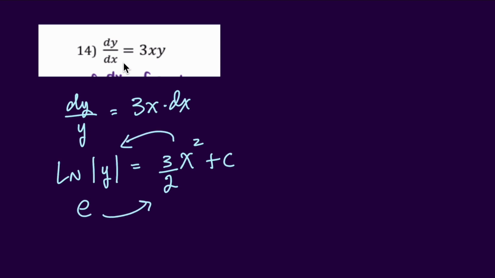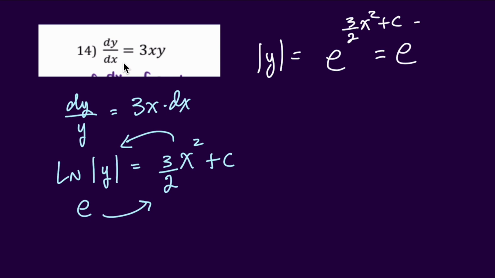And that means up here in the upper right, we're going to have the absolute value of y equal to e to the 3/2 x squared plus c. This means that there was formerly a multiplication going on, which was this. This e to the c can be replaced by a c.